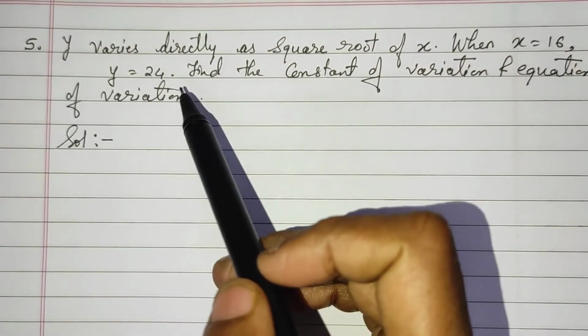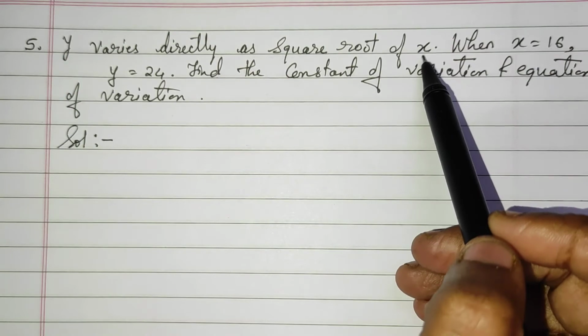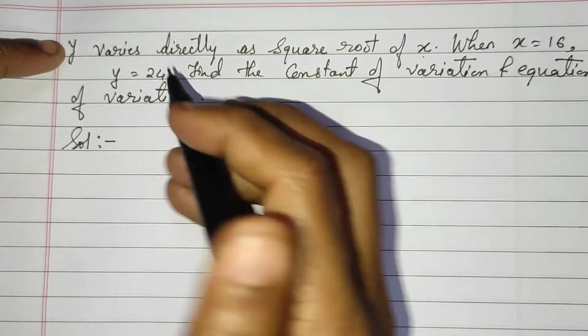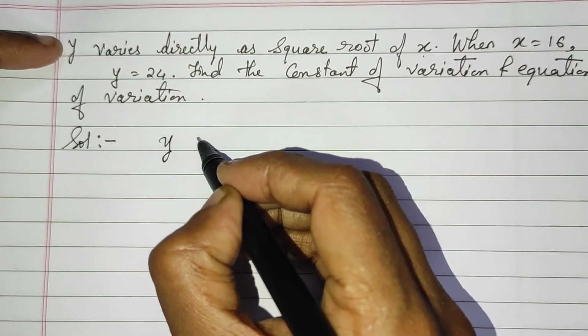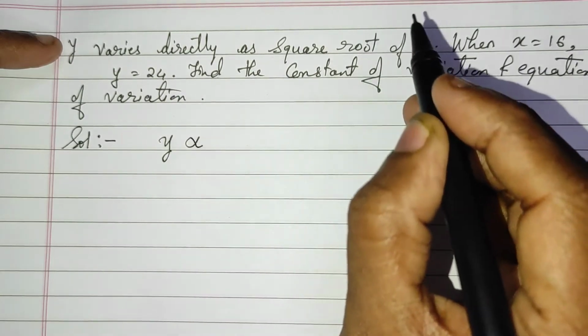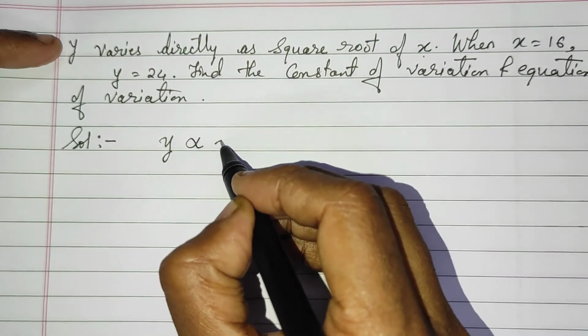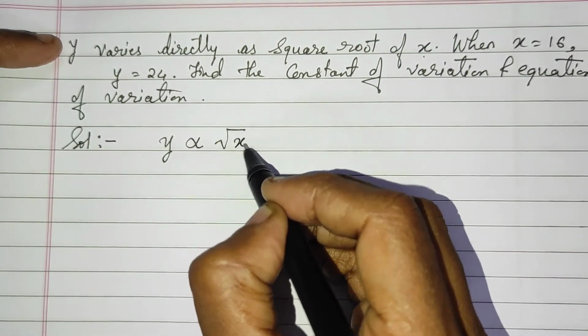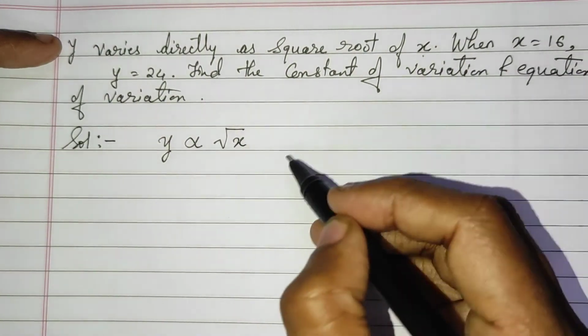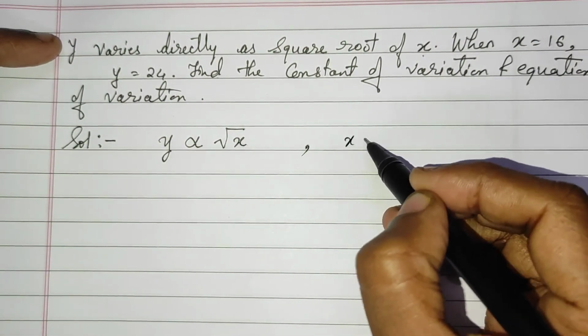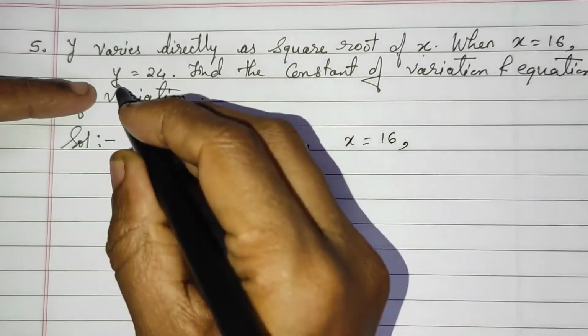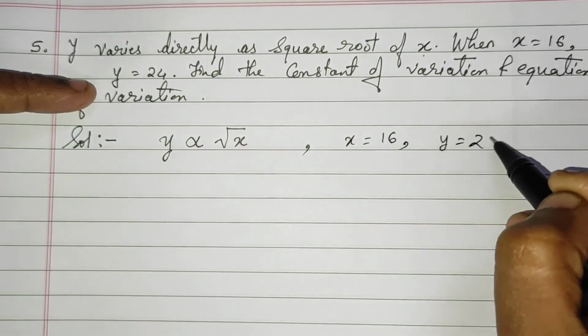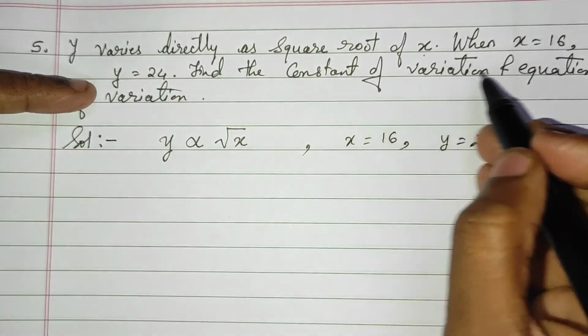Fifth question, y varies directly as square root of x. So here what they are saying, y varies directly with square root of x. So square root means this of x. Now further they are given when x is equals to 16 and y is equals to 24, find the constant of variation.